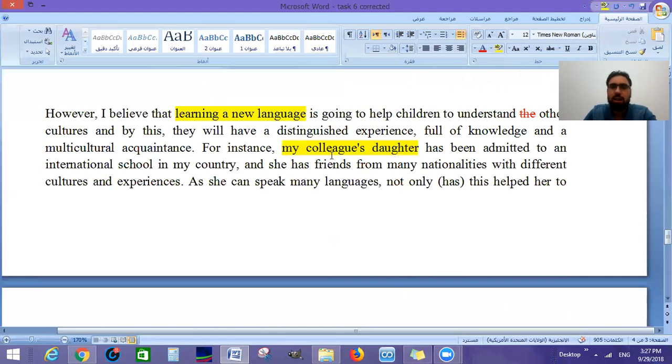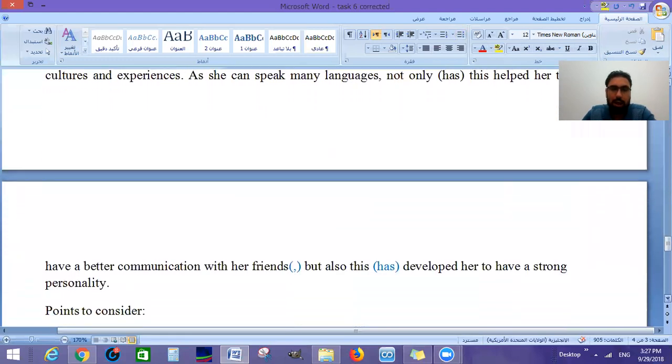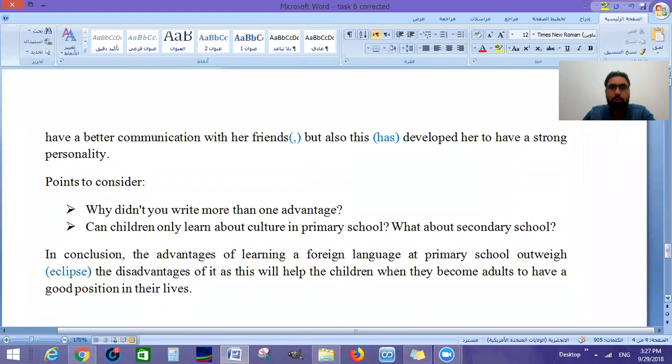For instance, my colleague's daughter has been admitted to an international school in my country, and she has friends from many nationalities with different cultures and experiences. As she can speak many languages, not only has this helped her to have a better communication with her friends, but also this has developed her to have a strong personality."